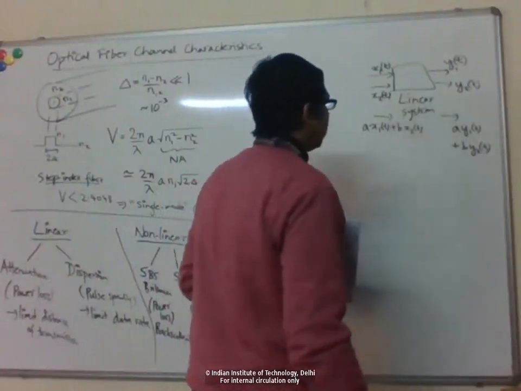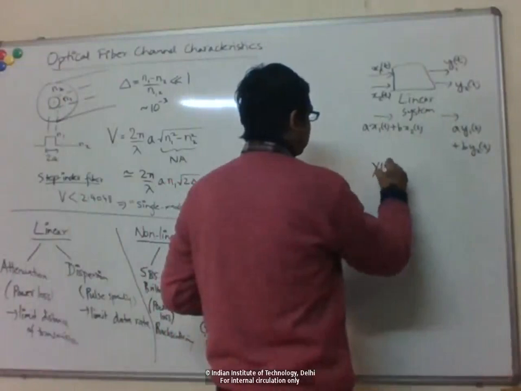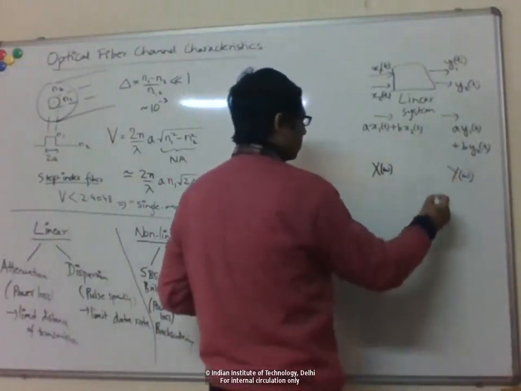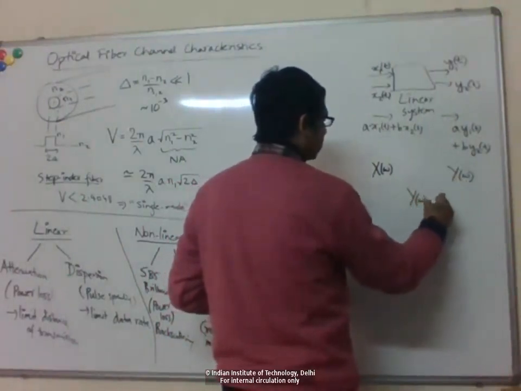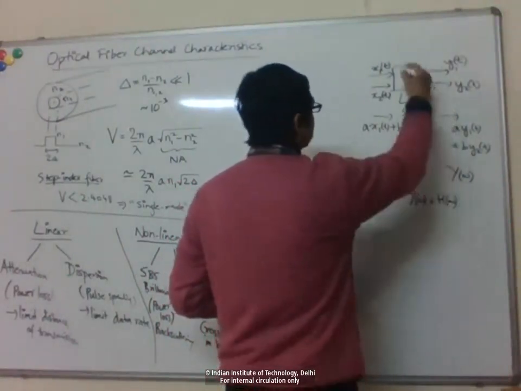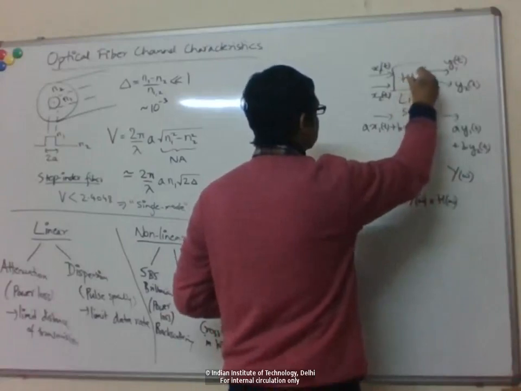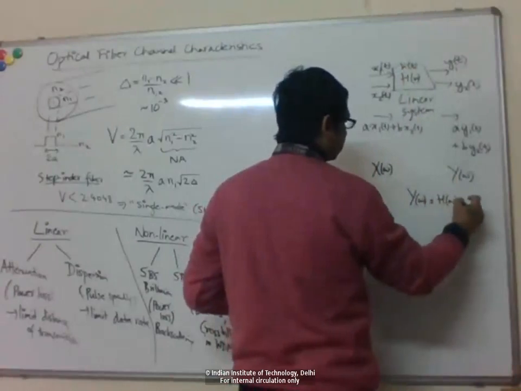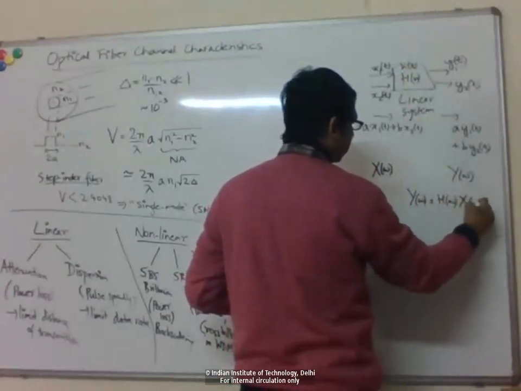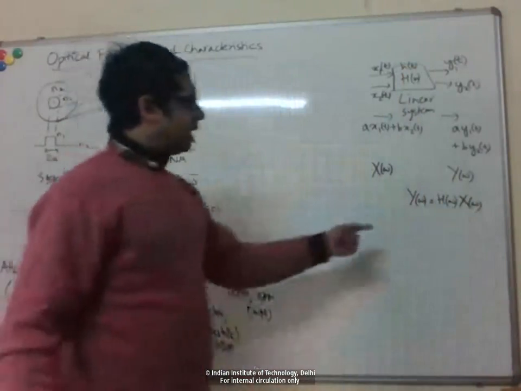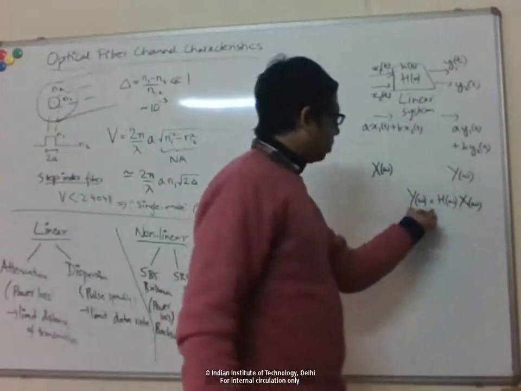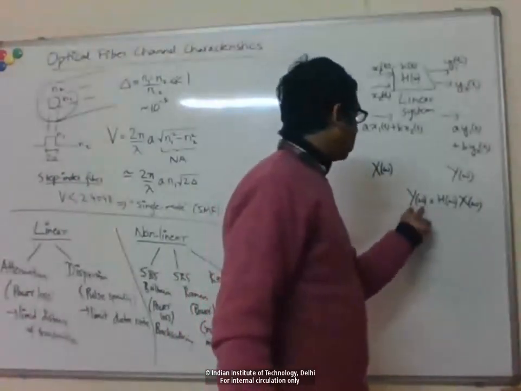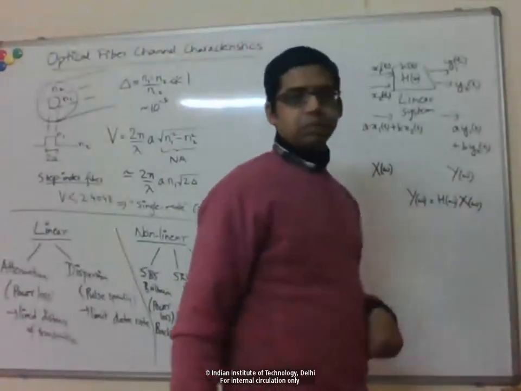Equivalently, if you look at the frequency domain, the input has some spectrum and the output has some spectrum. So I can write the output spectrum as the system's frequency response times the input spectrum. So you can see that there cannot be any new frequency components in the output that are not present in the input.